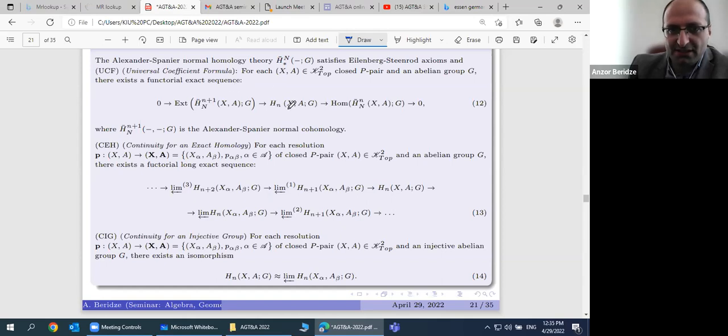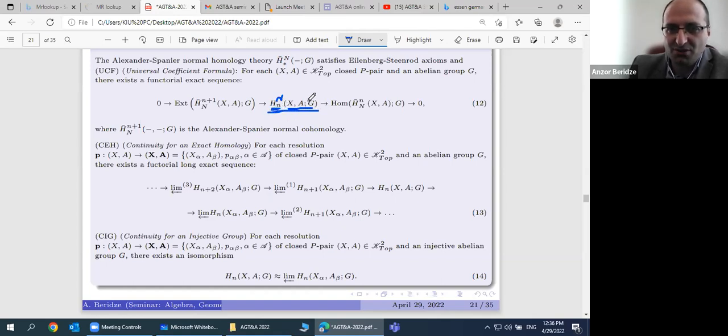If we consider any pair of topological spaces and the homology theory defined by us, maybe here it needs the N, the normal Alexander-Spanier normal homology theory, then we have the universal coefficient formula. This formula was known only for compact topological spaces. Now it is valid for any topological spaces, but the construction of this homology theory is somehow different.